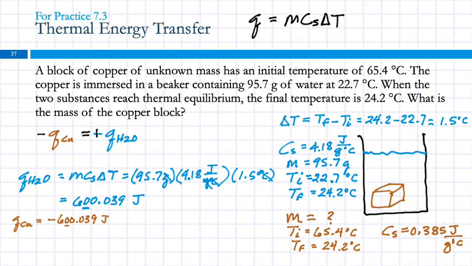So Q for the copper is that number which equals the mass of the block times the specific heat capacity times the change in temperature. And so if I want the mass, I can divide by specific heat capacity and change in temperature to find out what M is.